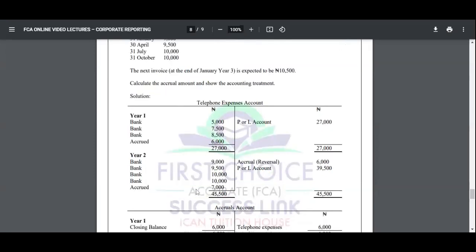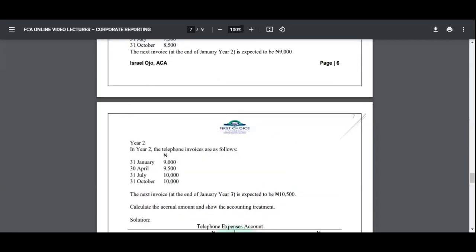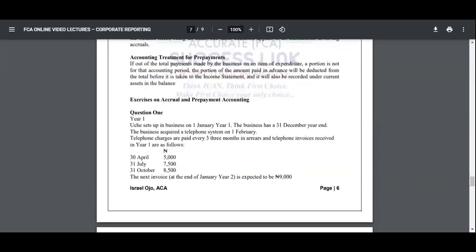So telephone expense. What do we do here? In year 1, what happened? Remember, telephone charges are paid every 3 months in arrears, that is after usage. Telephone invoices are received in year 1 as follows. So these are the invoices we received, and the next invoice is expected to be 9,000.